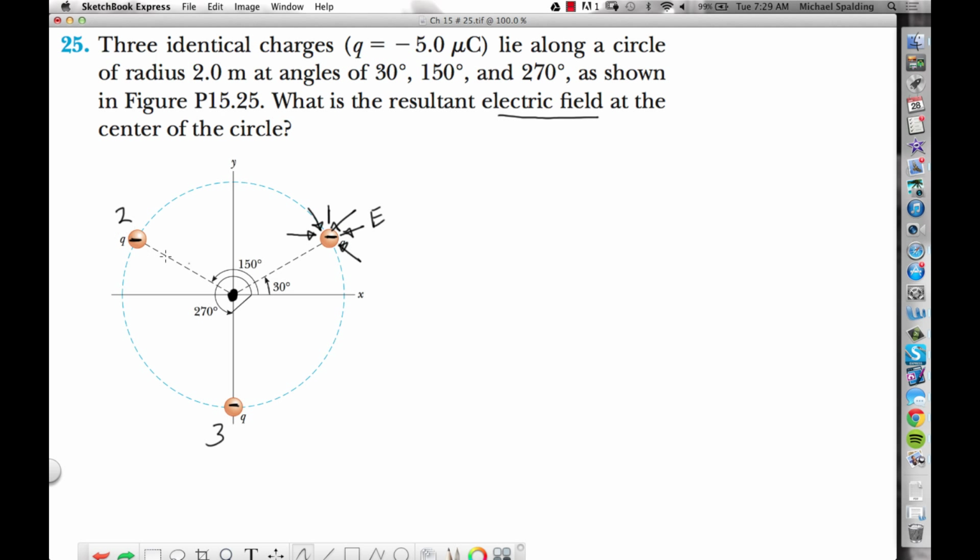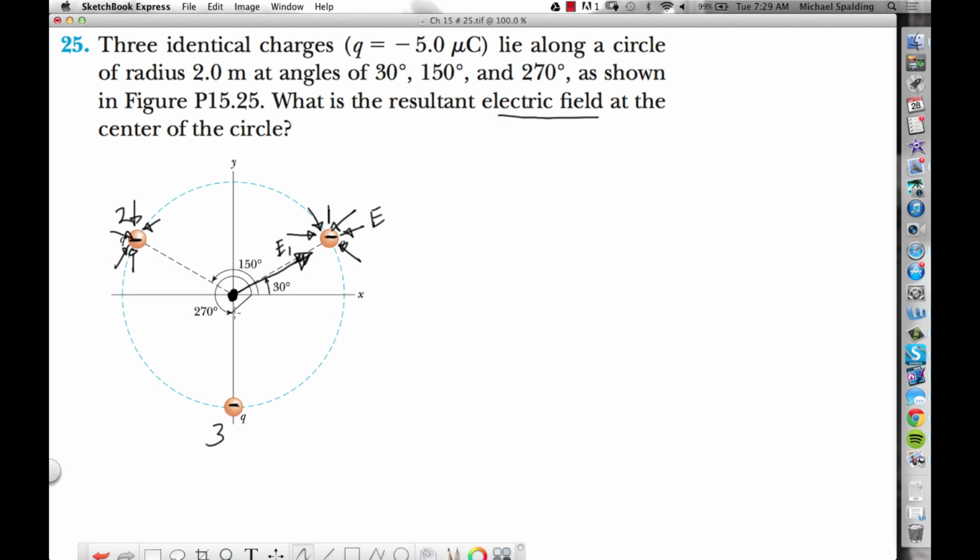Okay. So at the point we're focusing on, what's the electric field from charge 1 doing at the midpoint right here? The electric field is going that way, right? So we're going to label that E1. Charge 2 is negative. Electric field goes in all directions like this.